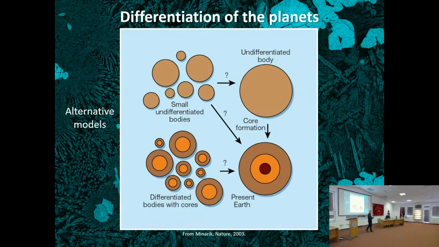But in details, we don't really know how that happens. Do we start with small undifferentiated bodies, bodies with the composition of the primitive solar system? We accrete them, and then eventually they are differentiated. Or do we have small differentiated objects, and they are accreted?